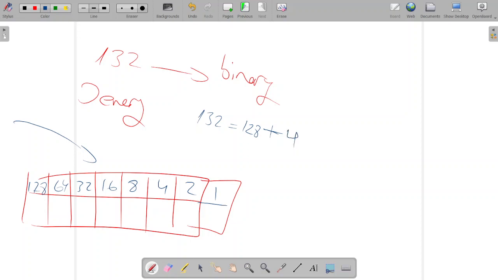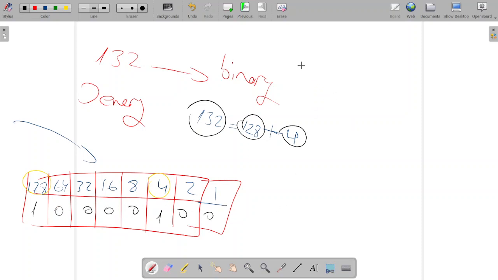It means that we used this digit beside this digit to represent our number. The equivalent of these weights is going to be written as 1. So we're going to write 1 and 1 because they are switched on, because these values exist as part of the number 132. The rest of the digits that don't have an equivalent as part of the summation, we're going to write zeros in front of them.